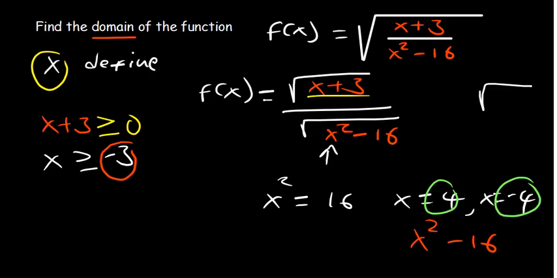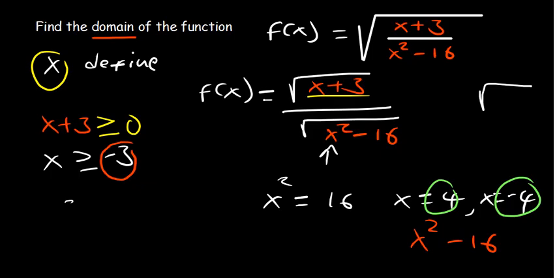Now apart from that, if you look at the denominator as well, the values that you're going to have should also be greater than 0. If you do that again, of course, you're going to have the two values, 4 and negative 4.